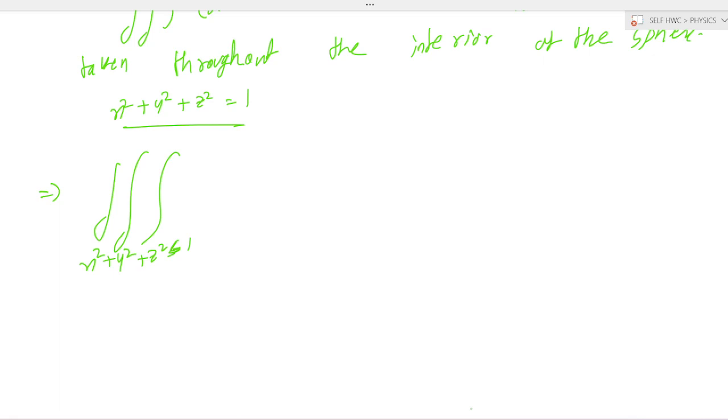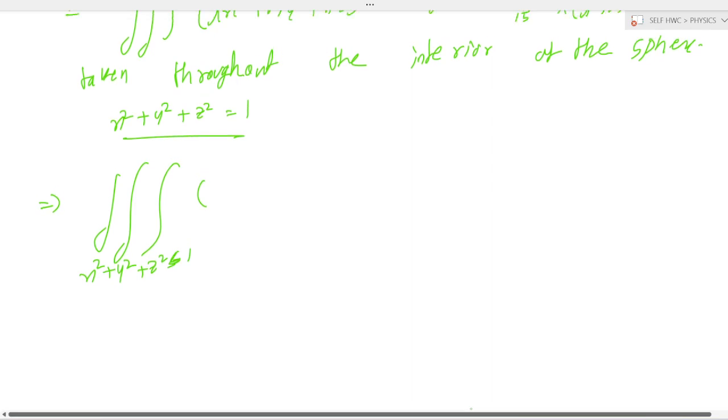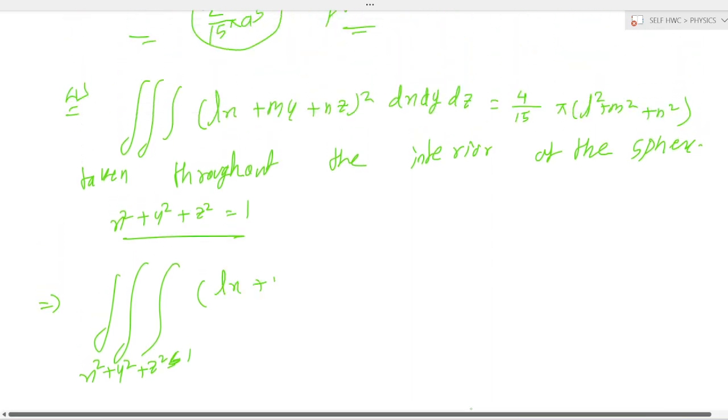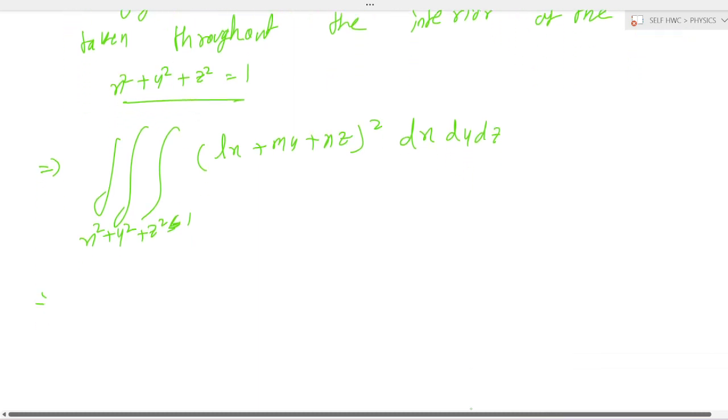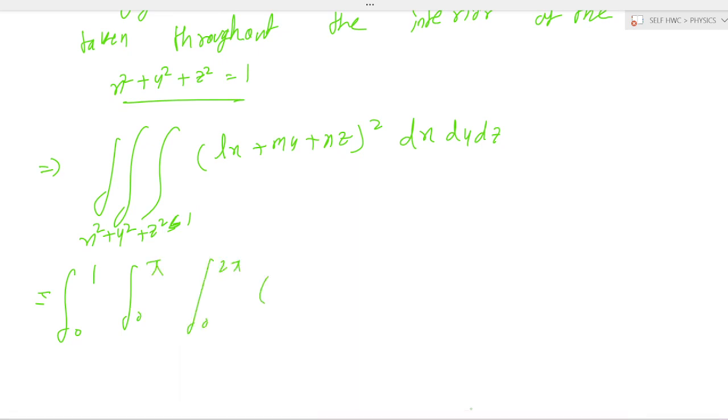Okay, less than or equal to 1, and this value is (Lx + My + Nz) to the power 2 dx dy dz. Put in the limits 0 to 1, 0 to pi, and 0 to 2 pi, same as the previous question.